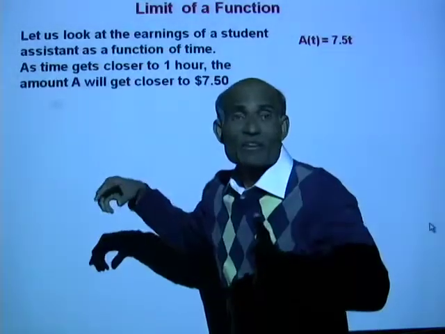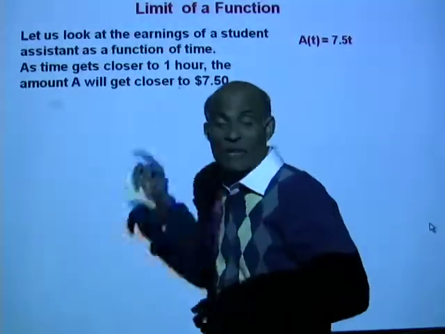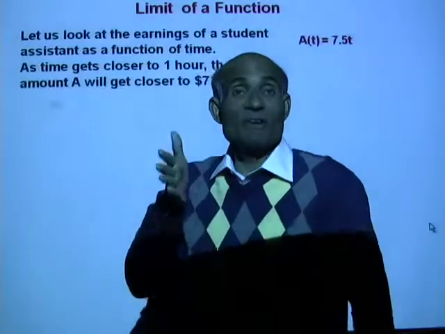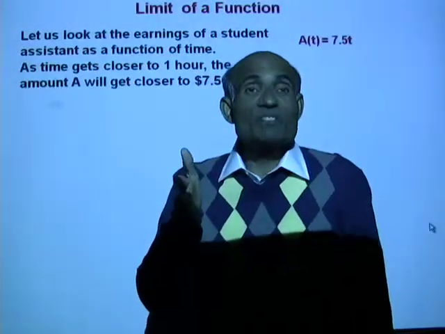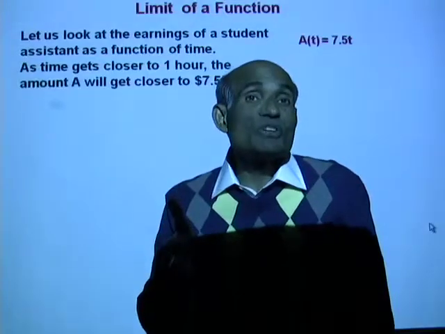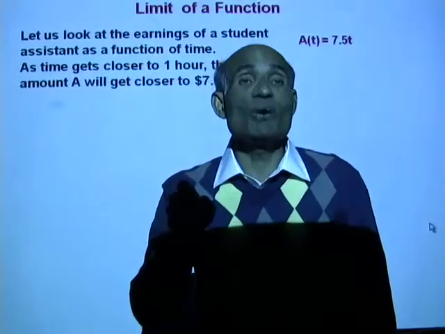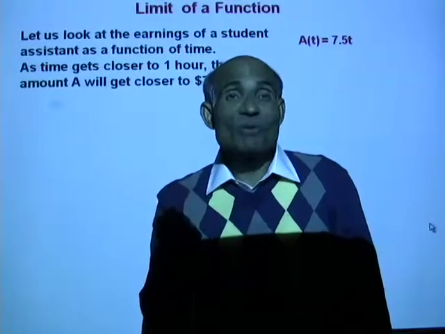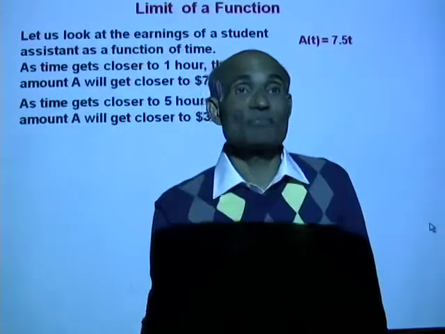And when t equals 1, the output will be 7.5, because at t equal to 1 the function is continuous and we exactly know that the value of the output is 7.5.